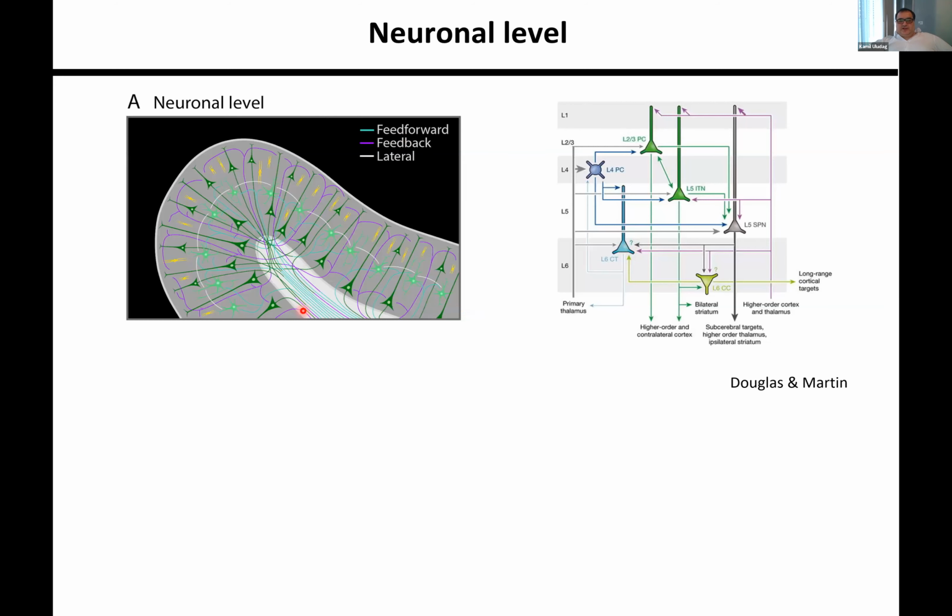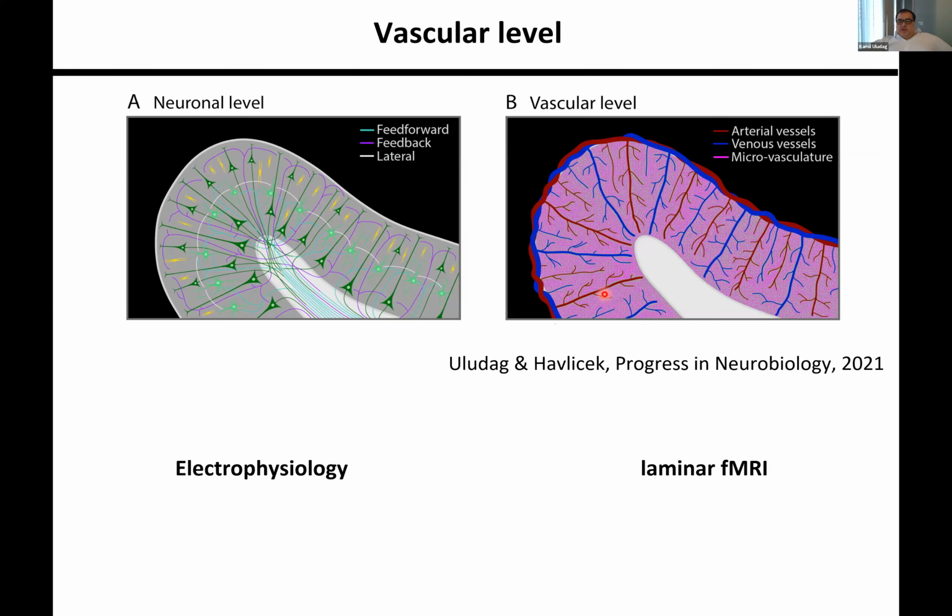On the neural level, we have this complex architecture of pyramidal cells, inhibitory cells, feedback, feed-forward, and so on. And we have the microcircuit model. If you go to the vascular level, we have the arteries and veins and so on. This has just been accepted in Progress in Neurobiology, where this model is described in more detail.